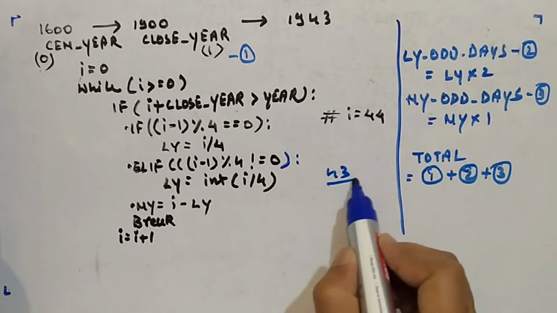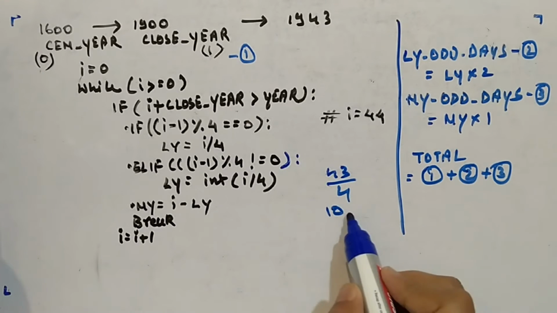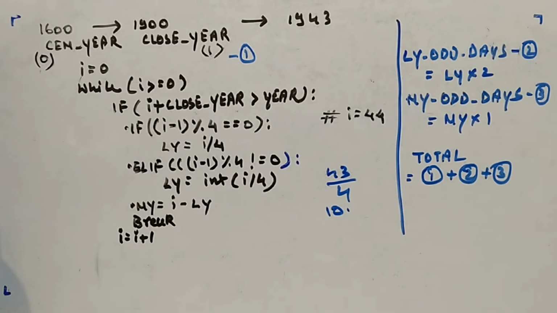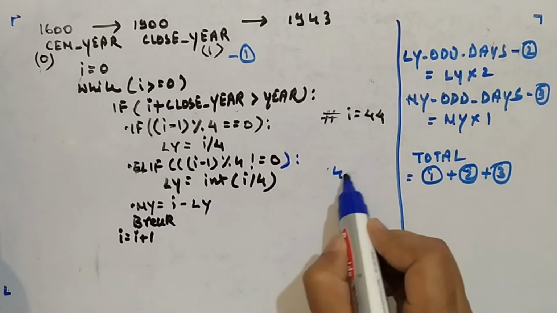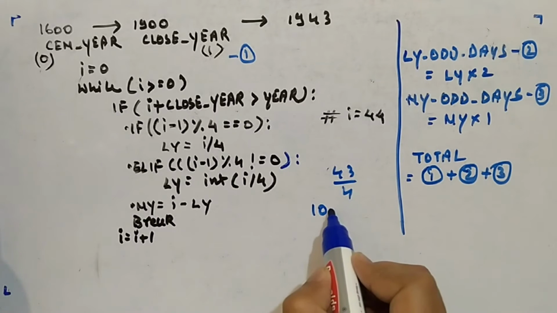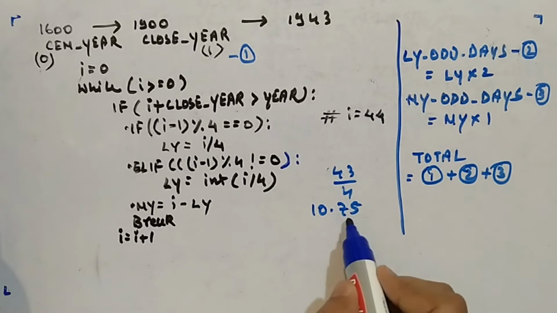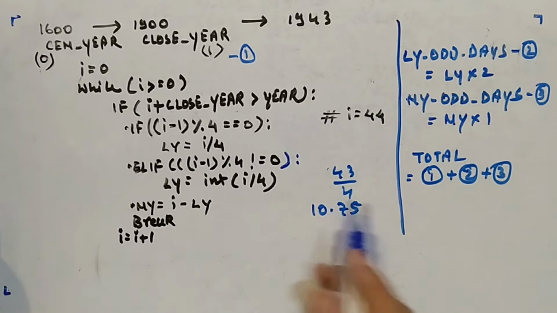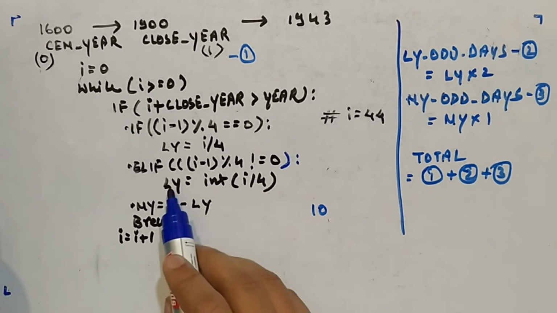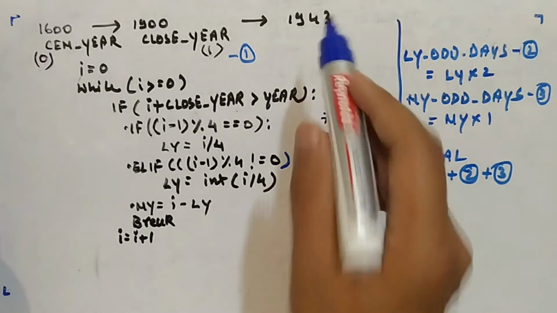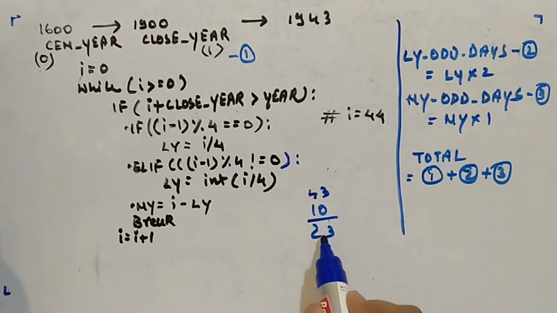So what is 43 divided by 4? 10.75. This is the value when you divide. So it will take only the integer part, meaning 10 will be stored here in leap year. Now normal years out of 43 will be 43 minus 10, so that will be 33.